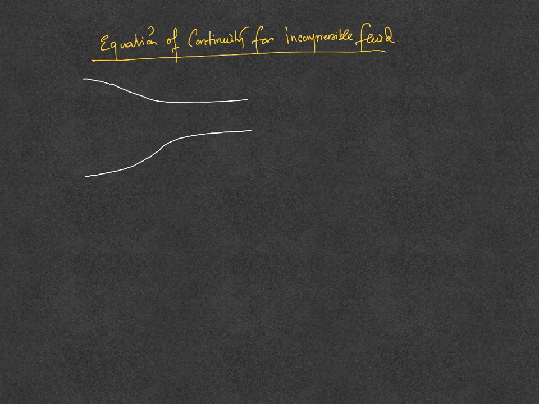So these are the streamlines. By the way, I forgot to tell you one thing, that a collection of streamlines is known as a stream tube or a tube of flow. So these are the streamlines.